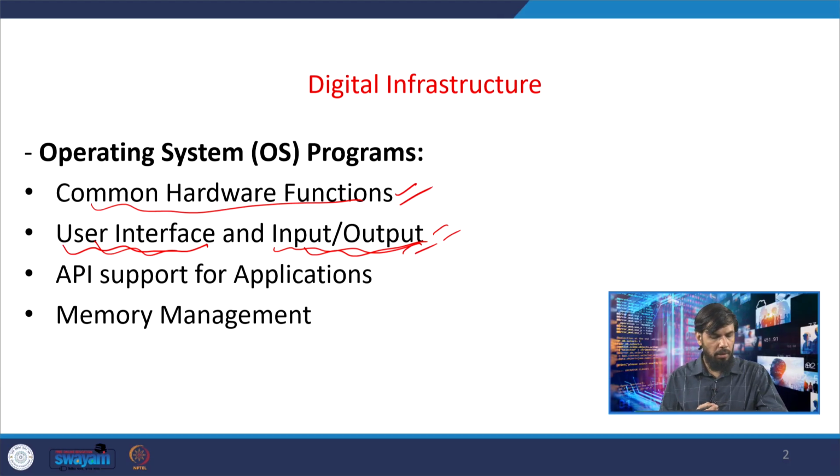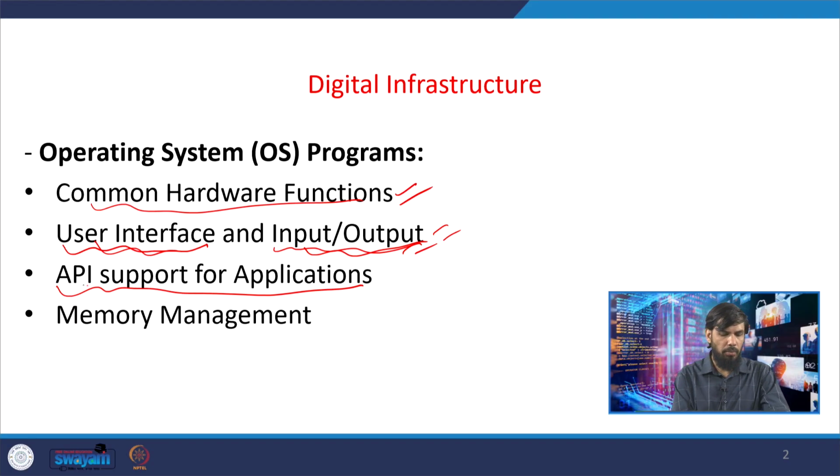Then another program within operating system is API support for applications. Where are these applications coming from? There are lots of software engineers who are developing these applications, but to be able to develop these applications they need to utilize the software to software interface given by the operating system, so that their application can work seamlessly with the operating system, because the application would be vying for computing resources from the operating system.